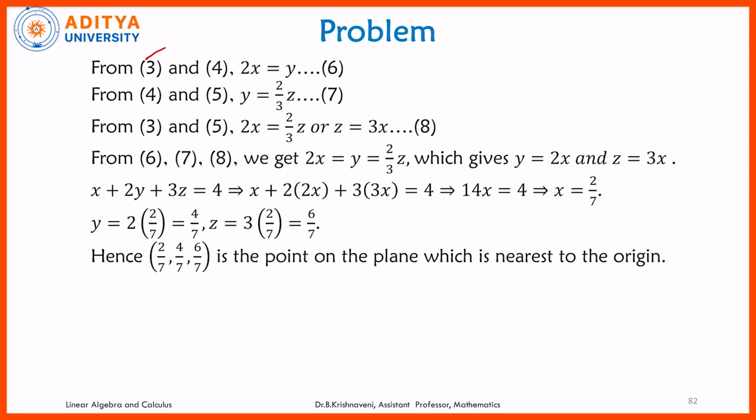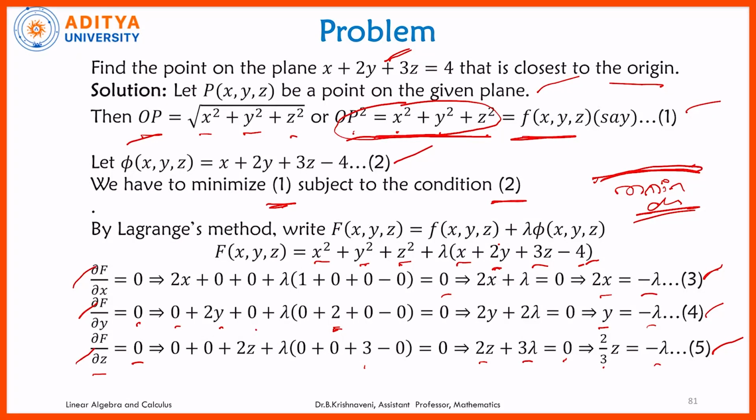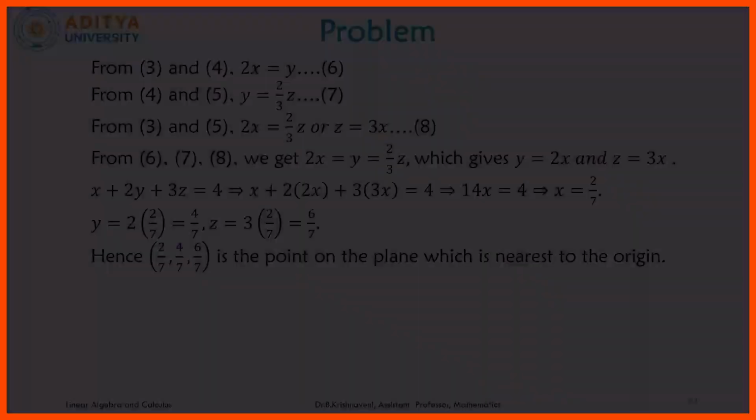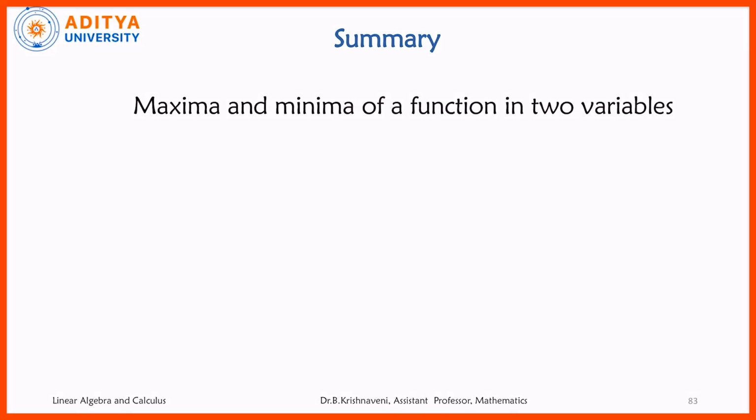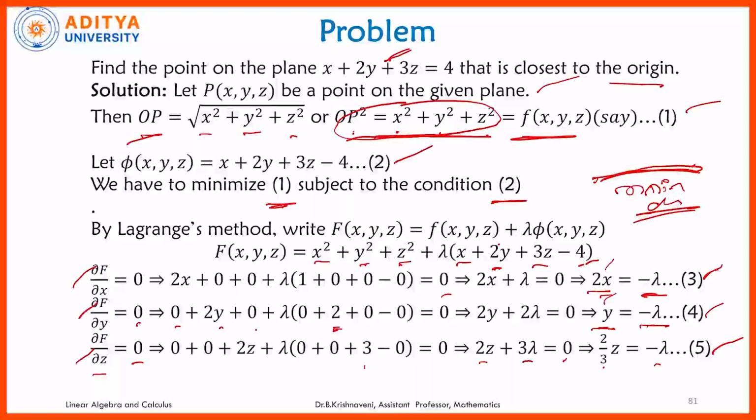Let us combine 3 and 4: minus lambda is equal to 2x, minus lambda is equal to y. Equating, we get 2x is equal to y. Equation number 6. Now from equations 4 and 5: y is equal to minus lambda, 2 by 3 z is equal to minus lambda.